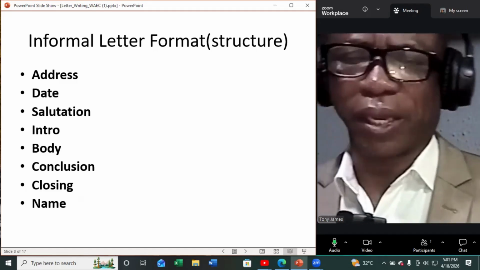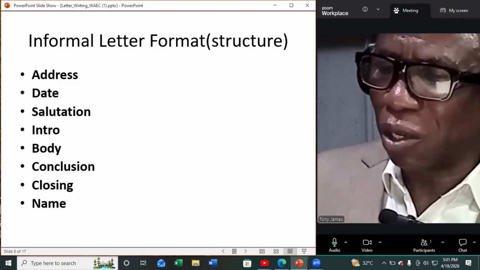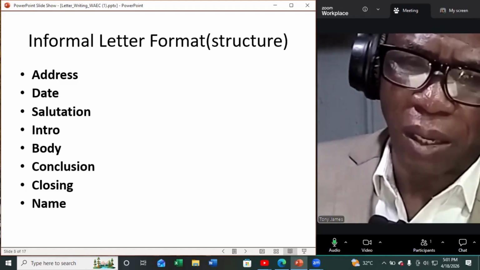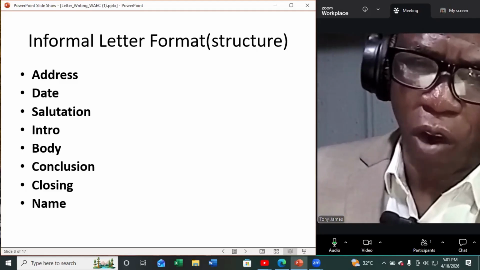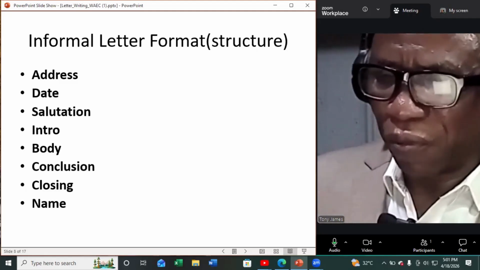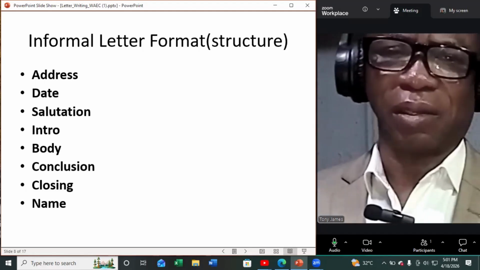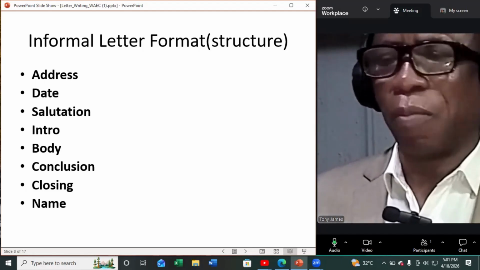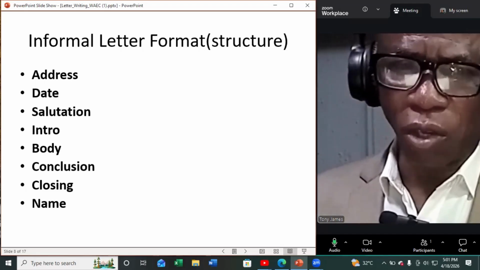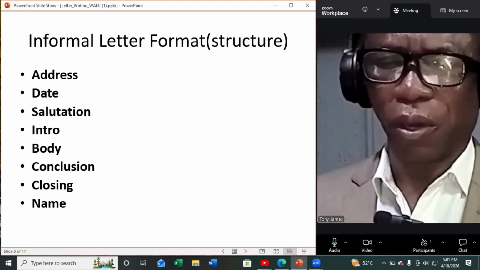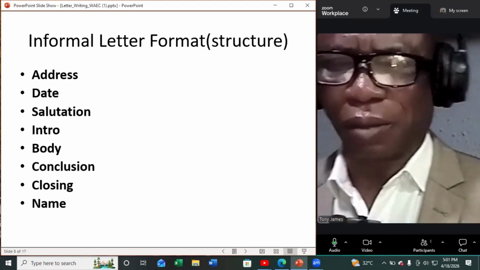And if you decide to make the point of the comma your point of indentation, there is no crime in that. If your indent is directly from the point of the comma after salutation, there is no penalty for it. Just make sure that the beginning of the next paragraph will also take that same point, because it's always good and it makes your work presentable when all your paragraphs start on the same point. So we move to the introduction of the informal letter.